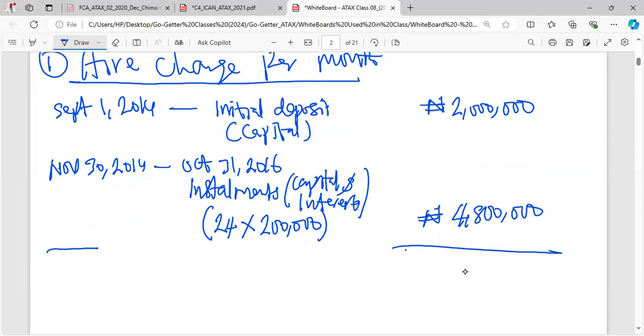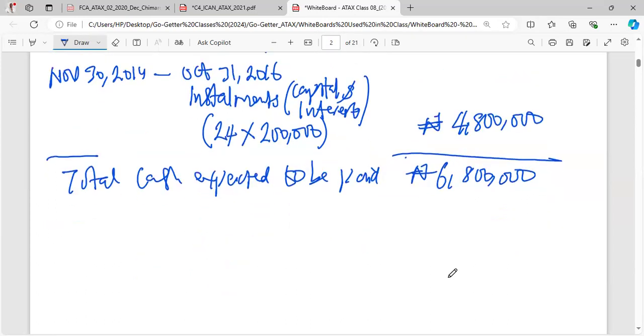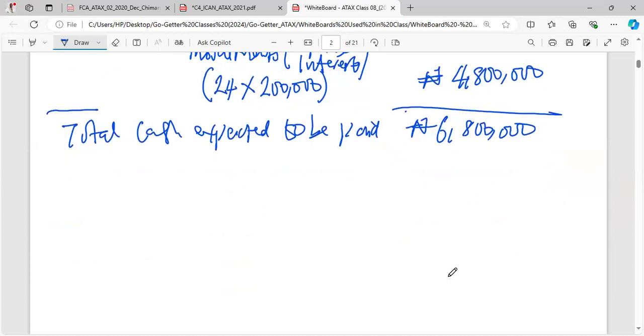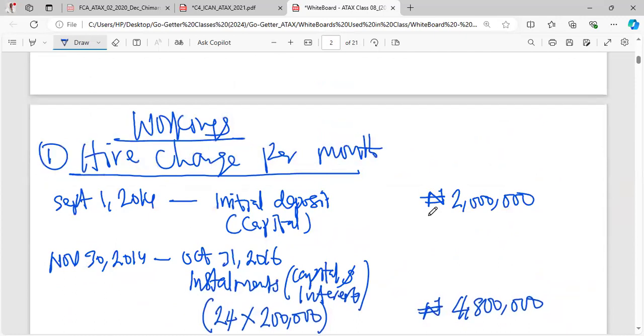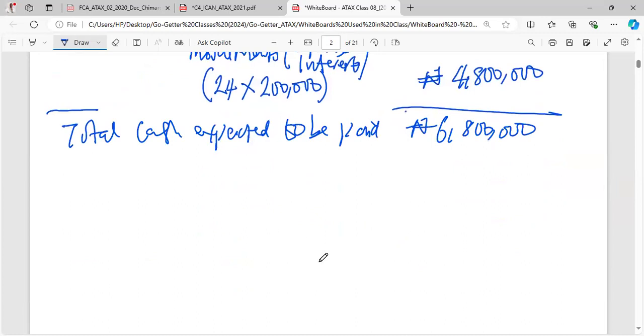So you say total cash expected to be paid should be 6,800,000, right? That's fine. Now, this 6,800,000 contains capital payments in the initial deposit, capital and interest payments in the installment.